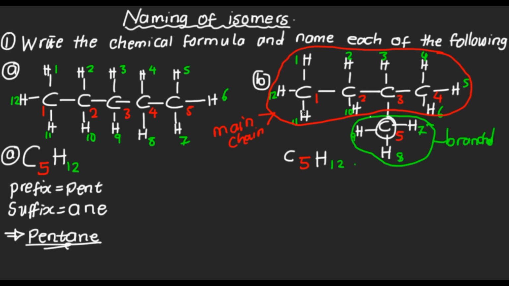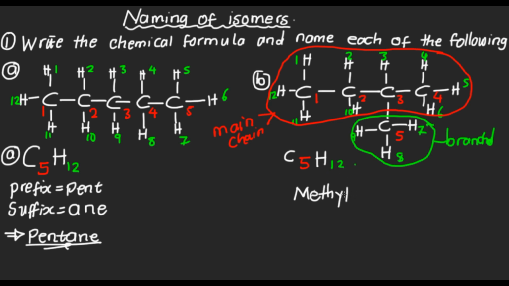So we can see that we only have one carbon in the branching. And remember, for one carbon, we said it's meth. Then what are we supposed to do after identifying the prefix? The rule is you add the yl. So meth becomes methyl, eth becomes ethyl, prop becomes propyl, but becomes butyl. That's a rule.